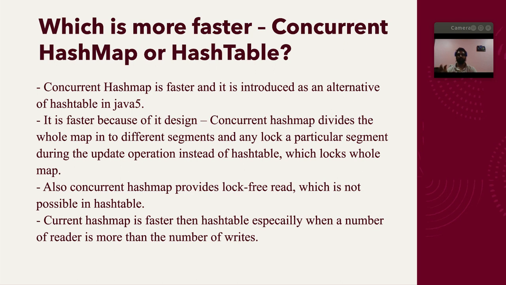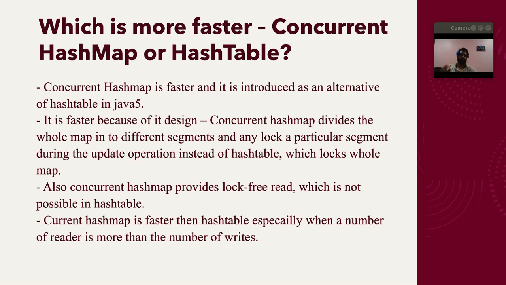Also, ConcurrentHashMap provides lock-free reads. If you are reading from a ConcurrentHashMap, there will not be any lock, which is not possible in a Hashtable. If we have to read in a Hashtable, it will also lock, and then only a single thread can read from it. But multiple threads can read from a ConcurrentHashMap.